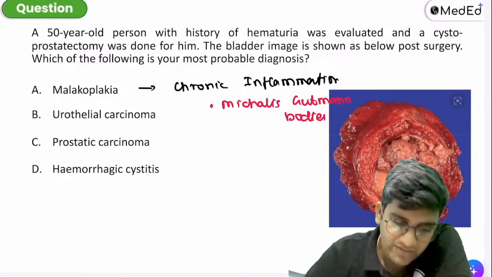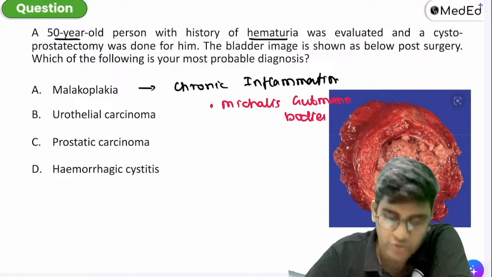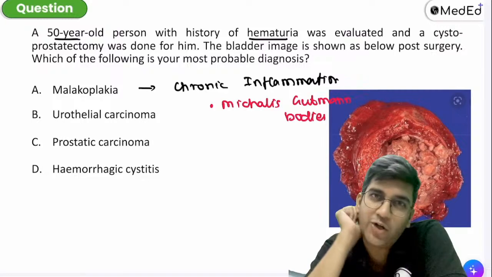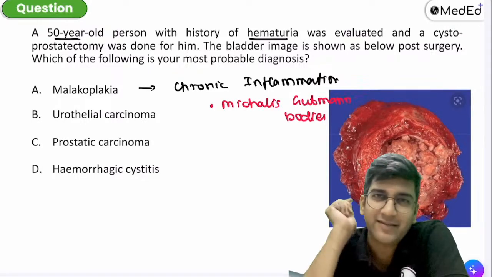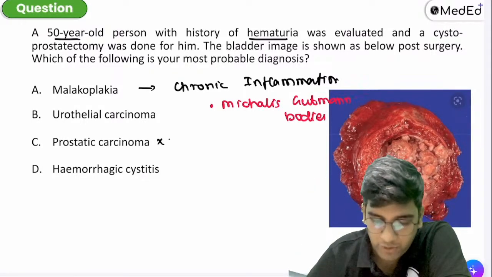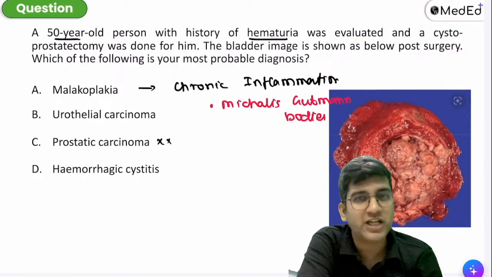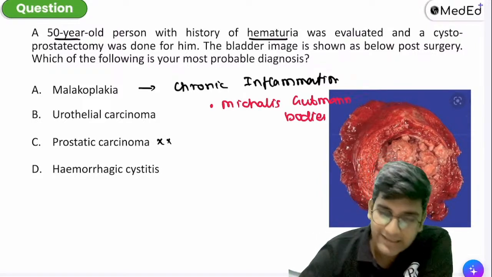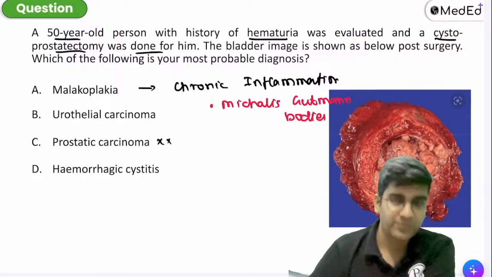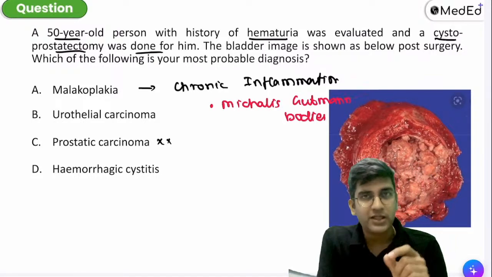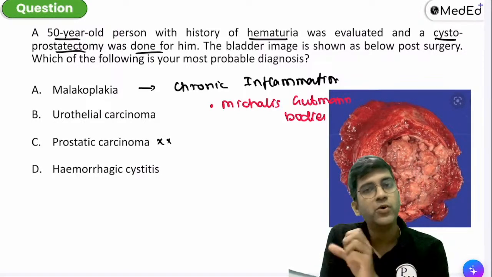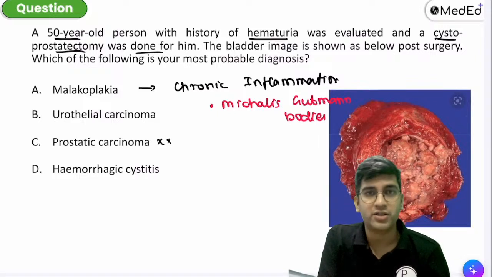Now, I'm having a 50-year-old person with a history of hematuria. All of them here can cause hematuria. Prostatic cancer is unlikely to cause hematuria. In prostatic cancer, what will be the symptom? Urgency, frequency, like your benign prostatic hyperplasia, right? And a cystoprostatectomy was done. For a patient with hematuria, they are doing a radical surgery of removing both the bladder and the prostate.